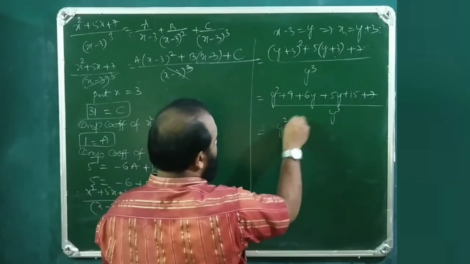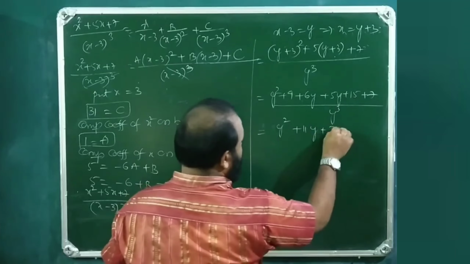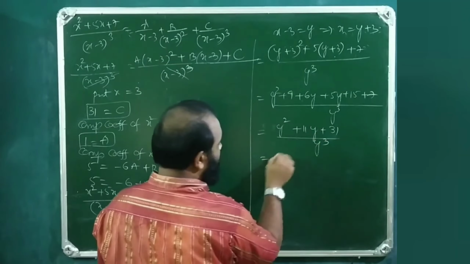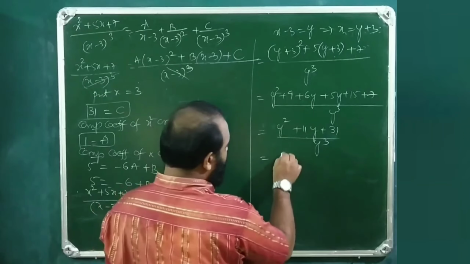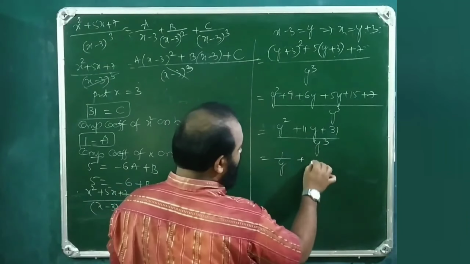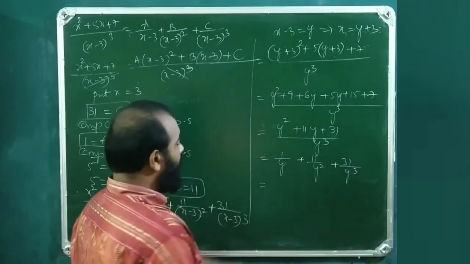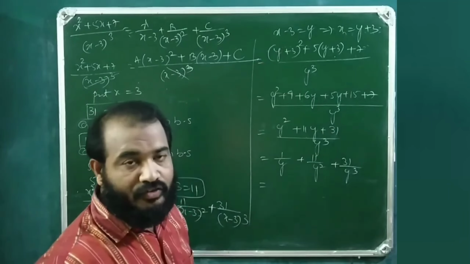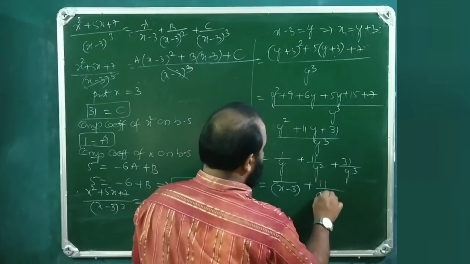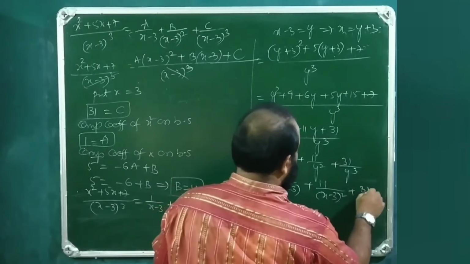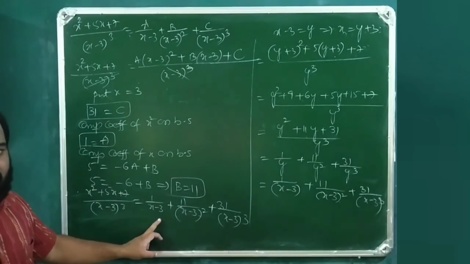So y square plus 6y plus 5y is 11y, and 15 plus 7 is 22, plus 9 is 31, by y cube. Splitting, y square by y cube is 1 by y, 11y by y cube is 11 by y square, plus 31 by y cube. Now replace y by x minus 3: 1 by x minus 3 plus 11 by (x minus 3) whole square plus 31 by (x minus 3) whole cube, and you may check with the earlier answer.